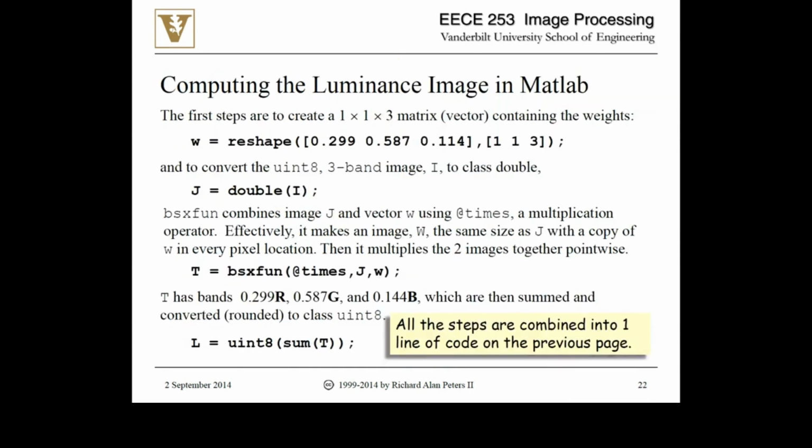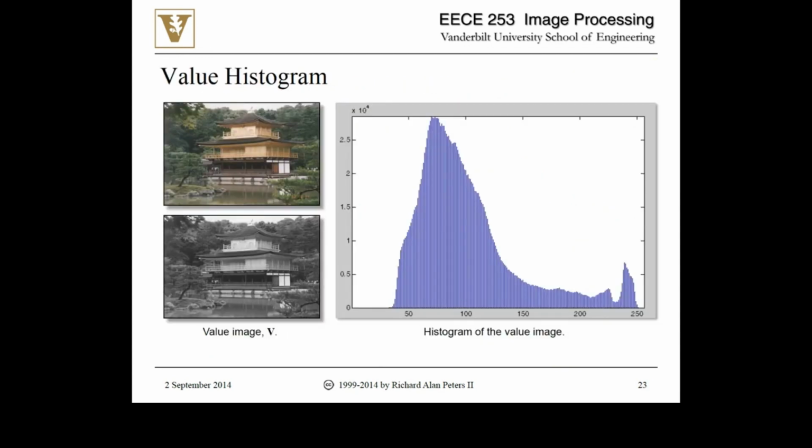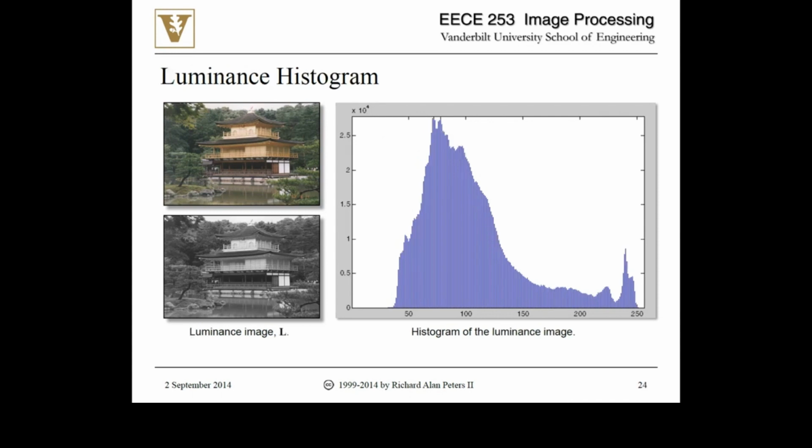Okay, then this is math. The value: we take an RGB image and compute the value. The value is simply the average of the three, and we compute the histogram of the value. Then I can compute the luminance instead of the value.